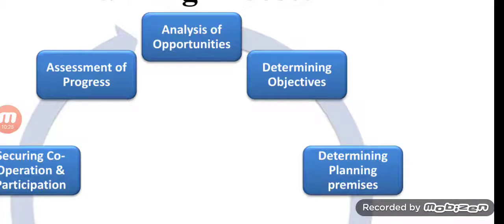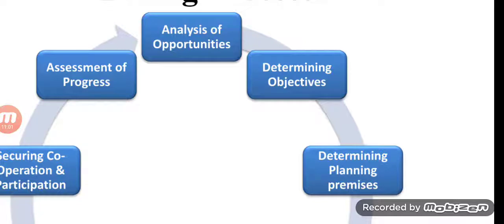These are the basic four points through which we can analyze the opportunity available to the organization, or to us as an individual business, or as a group. This analysis will help the planner to frame the objectives and relate them with the organization and its environment. After this step, the other steps of the planning process will be performed.